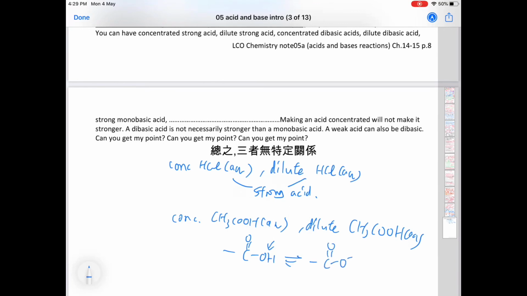It's the nature of this group. So no matter whether its concentration is high or low, ethanoic acid is still a weak acid. Is it clear? And that's all about strength of acid, and also acidity and alkalinity and their measurement.